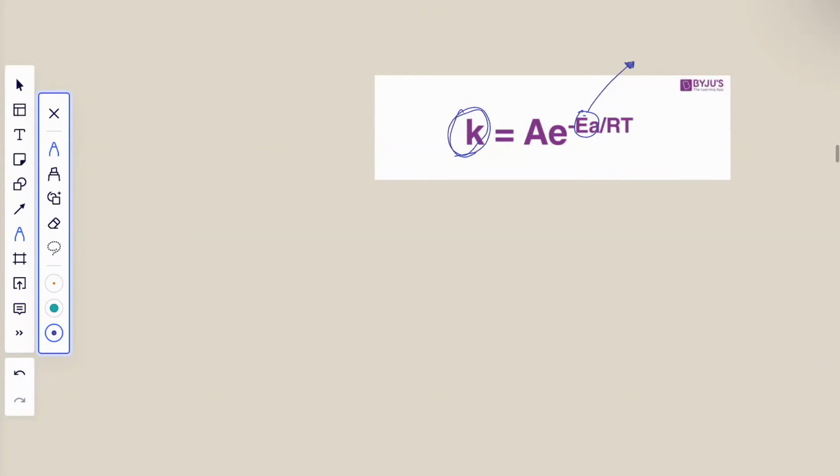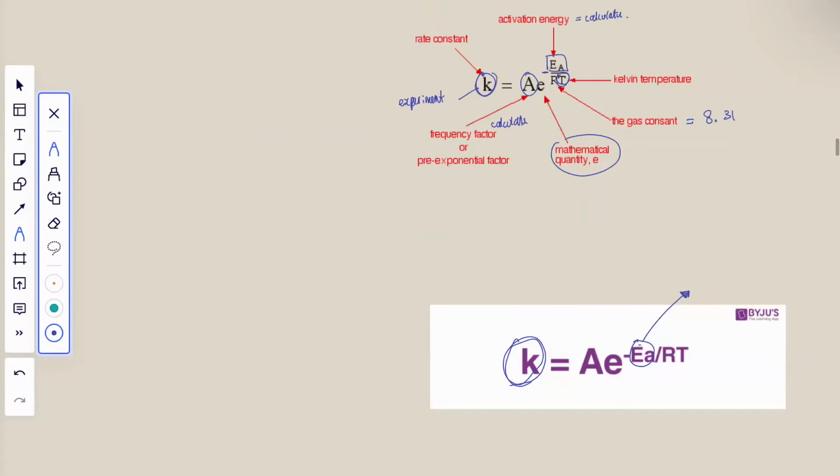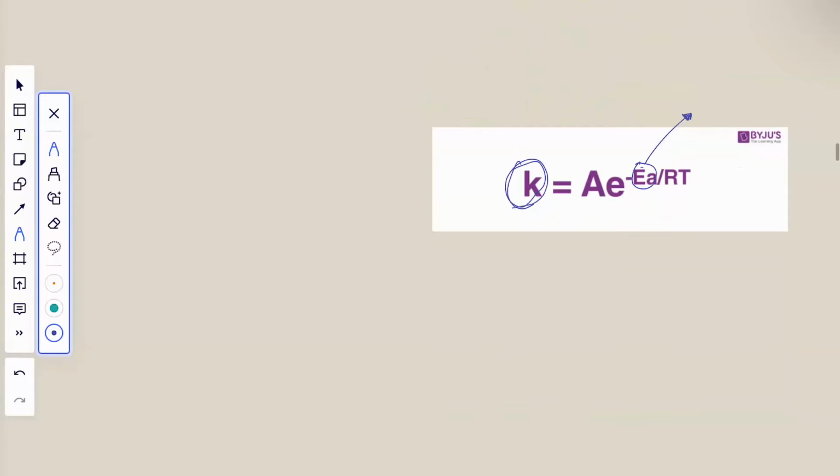You know what this K here is? The rate constant. You learned how to get the rate constant. I think not in class because it was HL, but I think we went through it before.